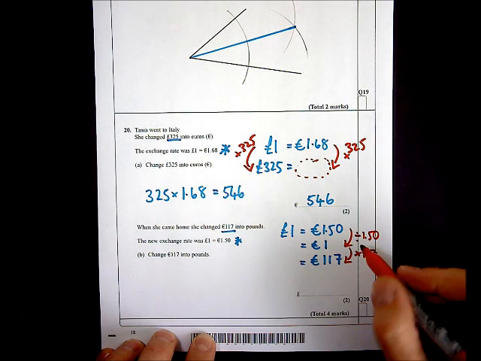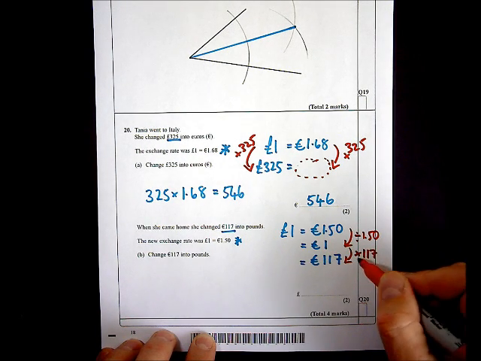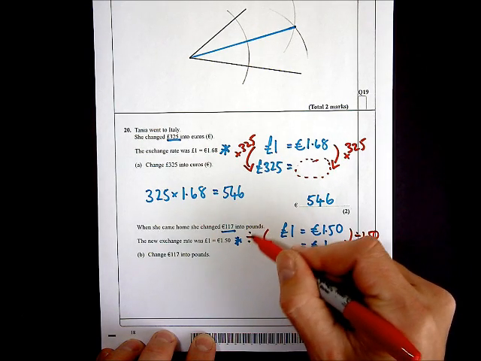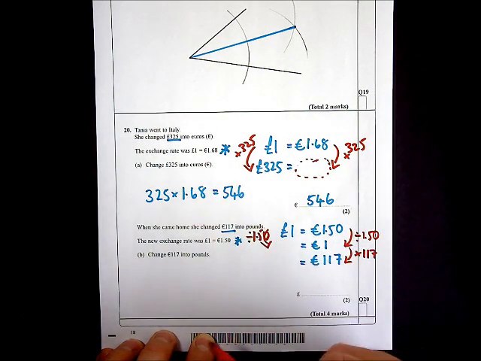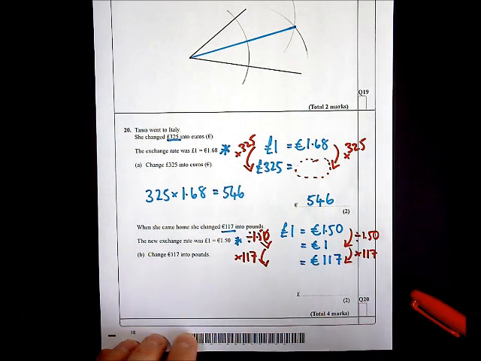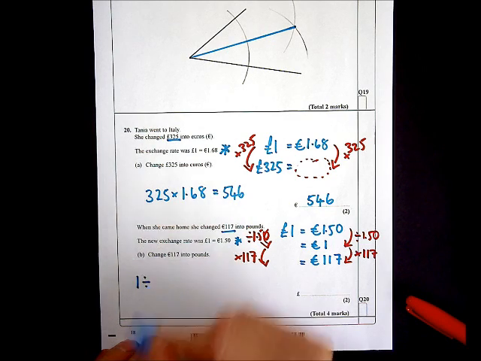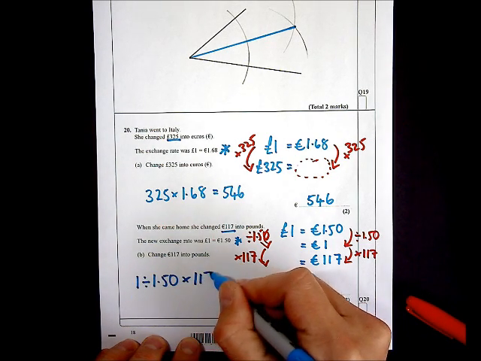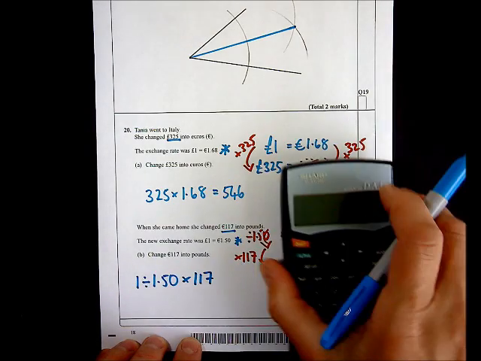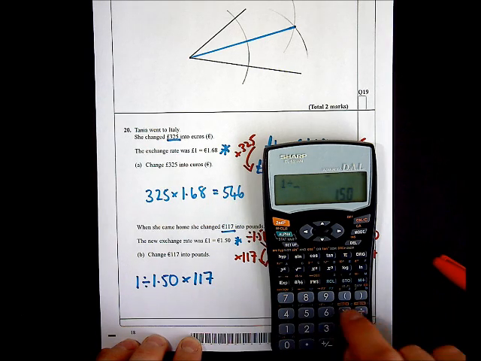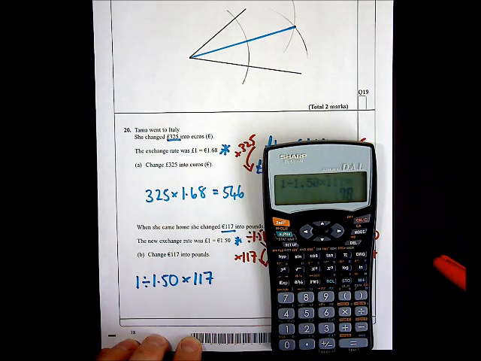Now, as I've done divide by 1.50 and times by 117 on the right hand side, I'm going to have to do the same on the left hand side. So my answer is going to be 1 divided by 1.50 times 117. On a calculator, that is going to be 78.